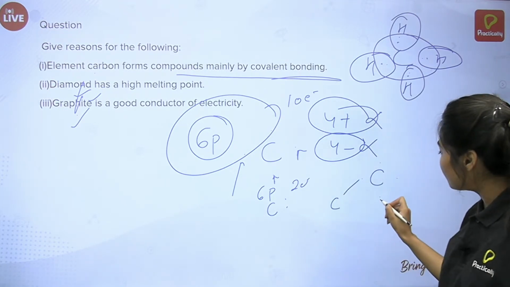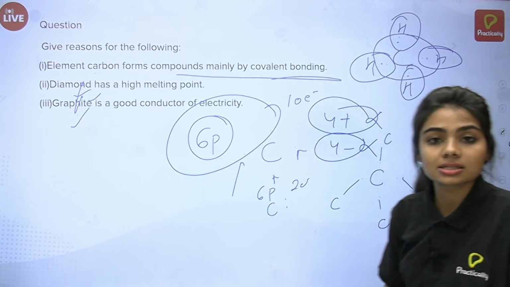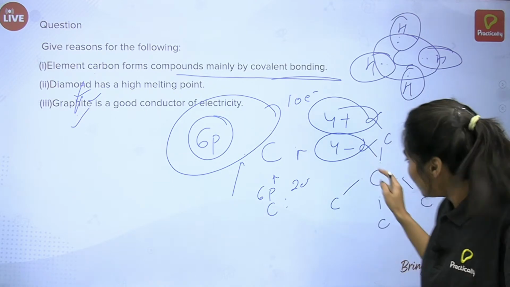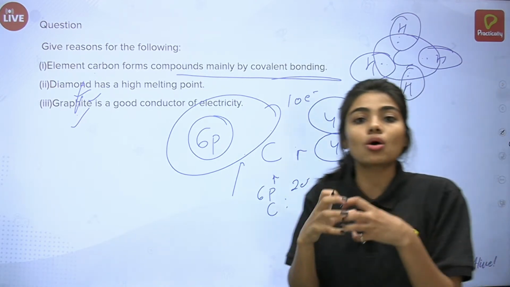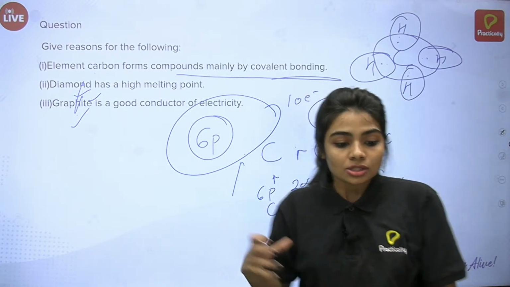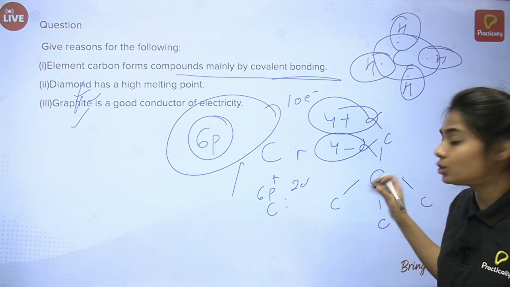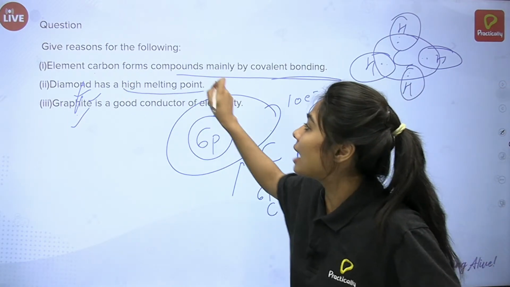That means this carbon is connected with 4 other carbons like this, so there is no valence electron left. The bond is very strong, so you need to provide a very high amount of heat to break it. Due to this structure, it has a high melting point.